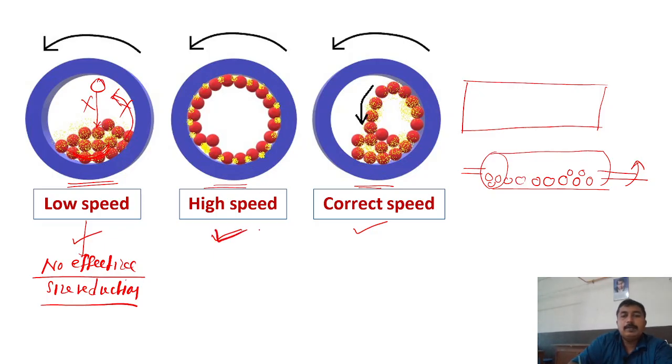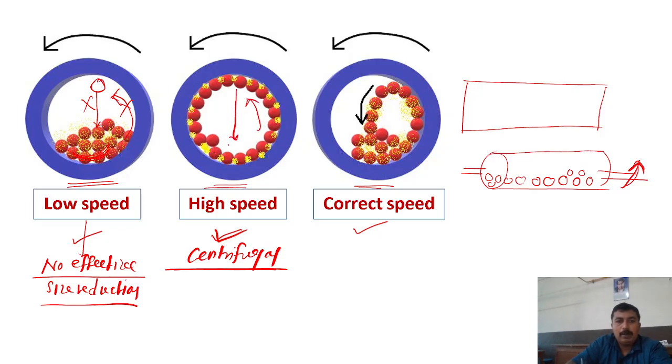At high speed, what happens? If this drum rotates at high speed, all stainless steel balls move towards the periphery, meaning the circumference, due to centrifugal force. Due to the centrifugal force generated, all stainless steel balls move towards the periphery. Due to high speed, the stainless steel balls are lifted towards the top, but they will not fall down.